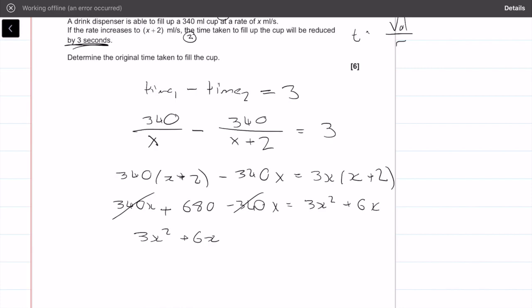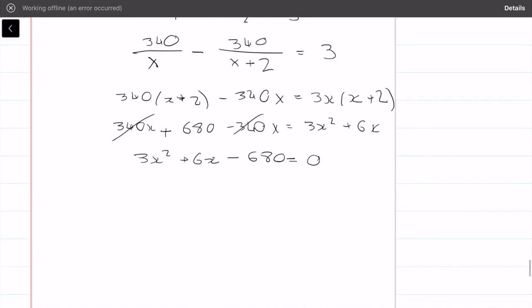So taking that across becomes a minus, so that's minus 680 is equal to 0. Okay, then if we plug that into our calculator, or we can use the quadratic equation, but I'm just going to use my calculator. We get that x is equal to 14,09, or x is equal to minus 16,09.